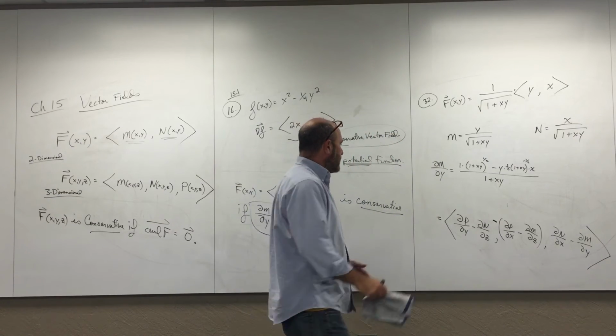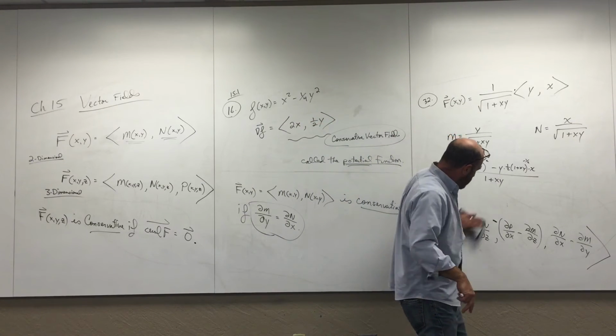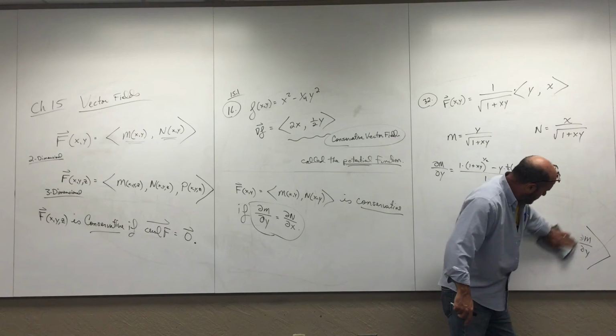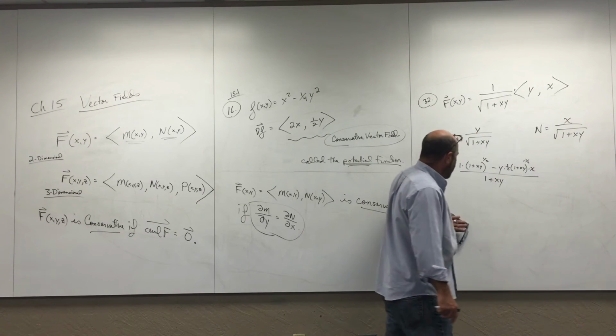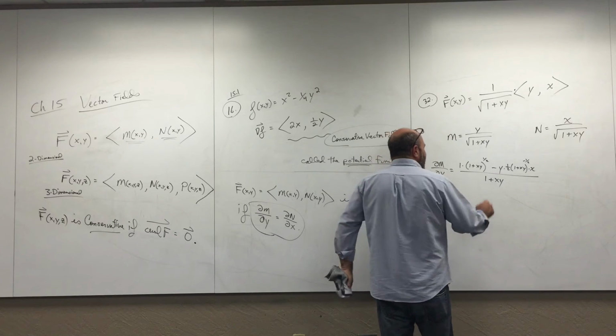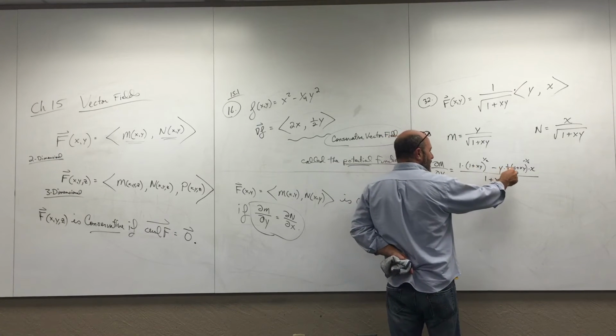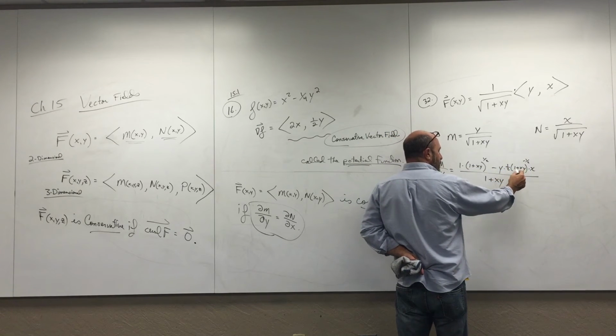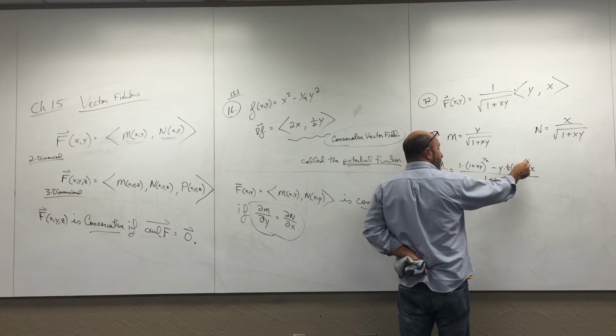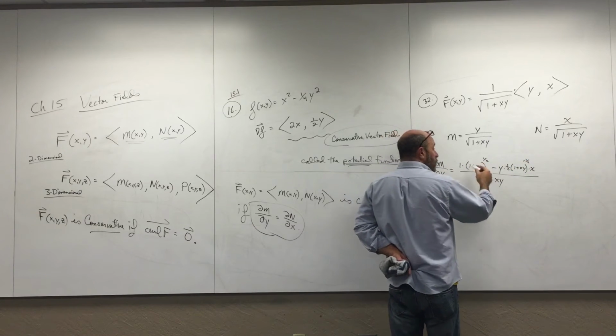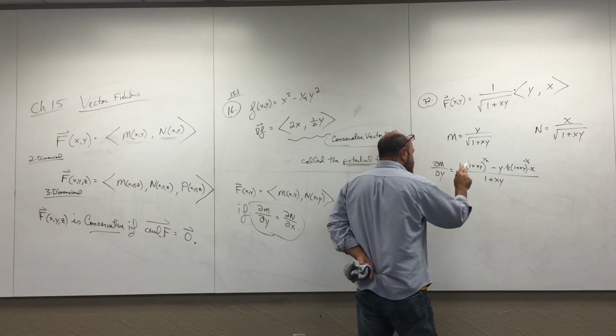Well, I might need to work on cleaning that up. Looks like you might be able to pull out the square root of 1 plus xy. I used to simplify that back in my Cal 1 days. I would pull out 1 plus xy to the negative 1/2 out of this, and I would work on cleaning it up. You know, I'm going to skip that for a second.